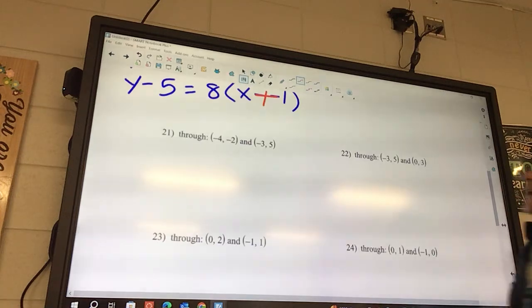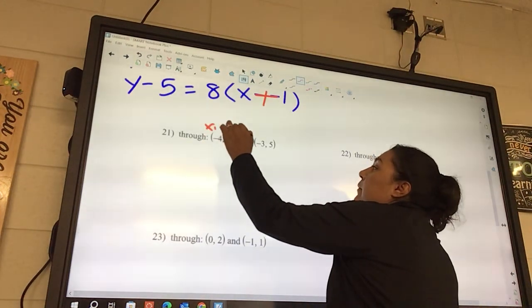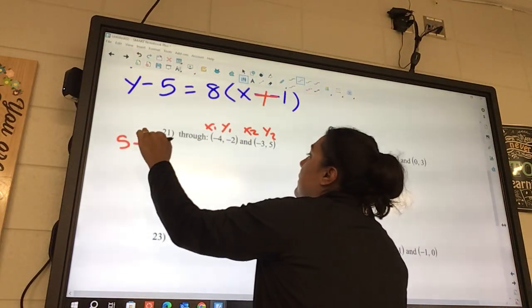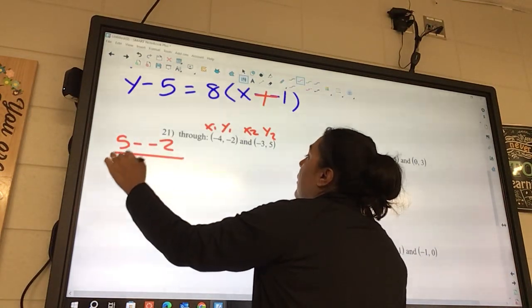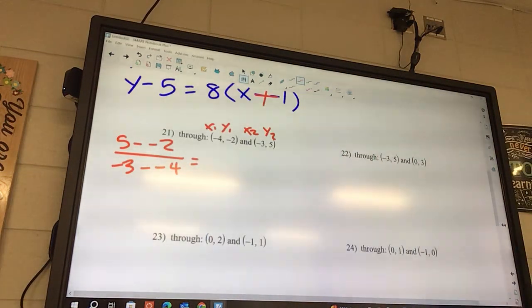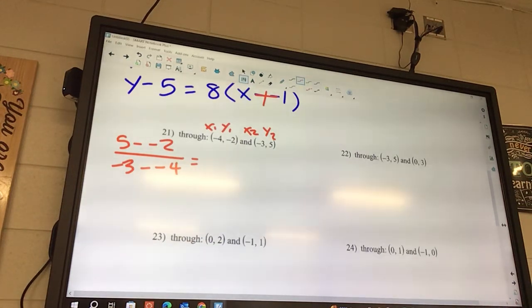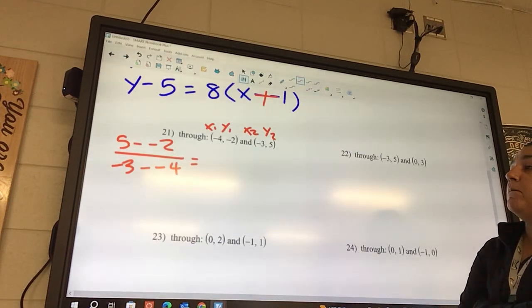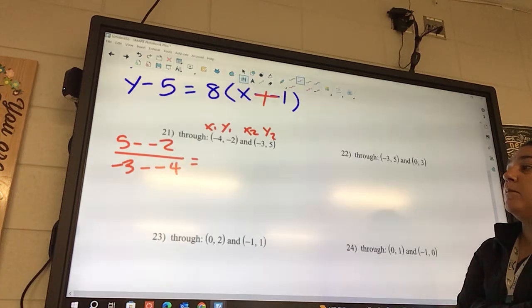Okay, 21, I got x1, y1, x2, y2. So it's gonna be 5 minus negative 2 over negative 3 minus negative 4. Negative 3 over 7? No. Wait, what? Is it just 7?